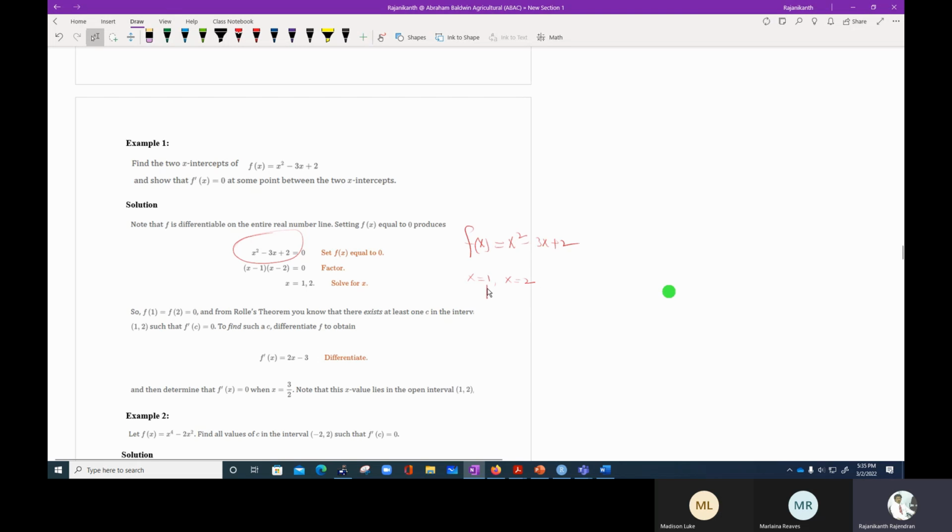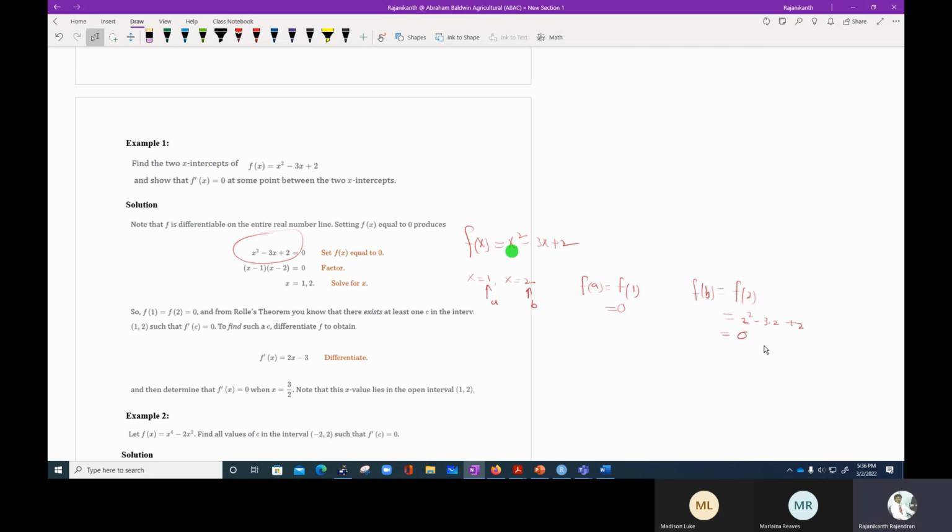Now you could think of this as point A, this as point B. So what is f of A? That is nothing but f of 1, plugging 1 into your function, you will get 1 minus 3 plus 2, which is 0. Now what is f of B? That is my second point, which is 2. Plugging 2 into the function will give you 2 squared minus 3 times 2 plus 2.